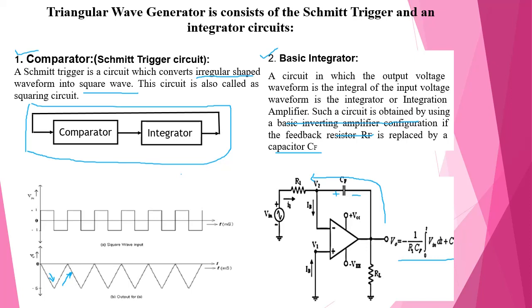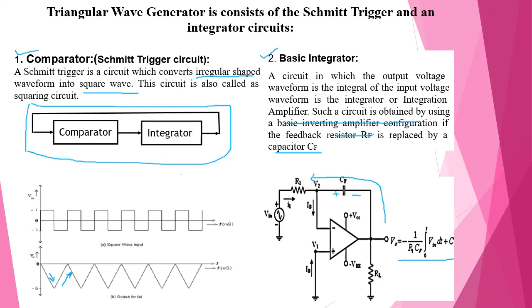Therefore, the output of the integrator goes in the increasing positive direction, a positive going ramp. After this, these two are combined, and then you can complete this block. We can discuss this explanation in detail on the next slides.